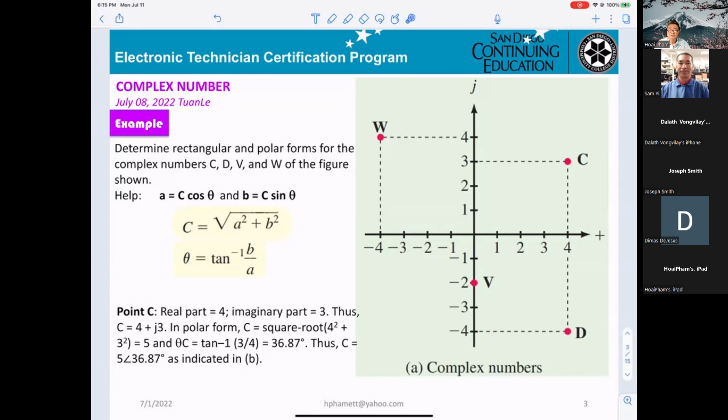Imaginary. And then you have to say plus or minus J4, -4?